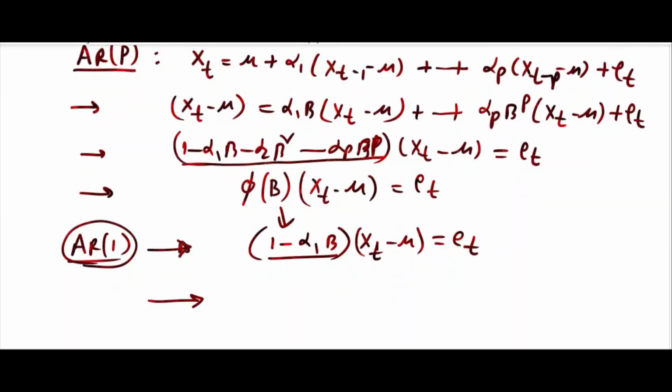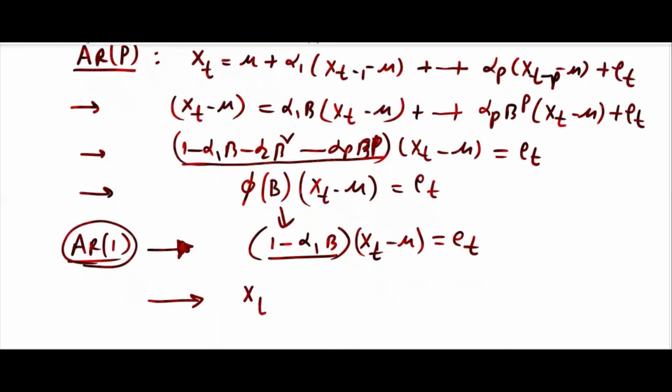Now what will happen when you try to take this one to the right hand side, and if you express, because mod alpha less than 1 already here, you can take this one and express xt in terms of errors now, okay. It's the opposite part.